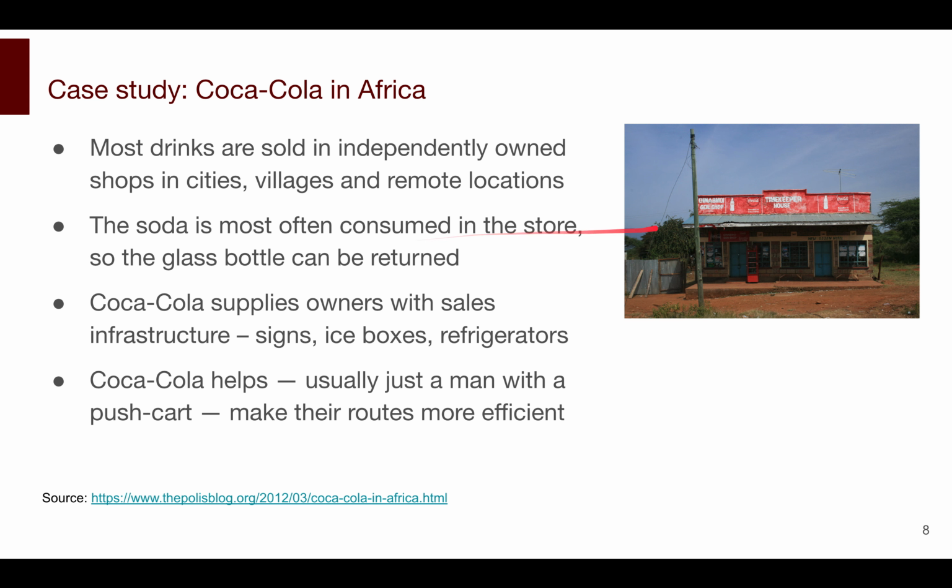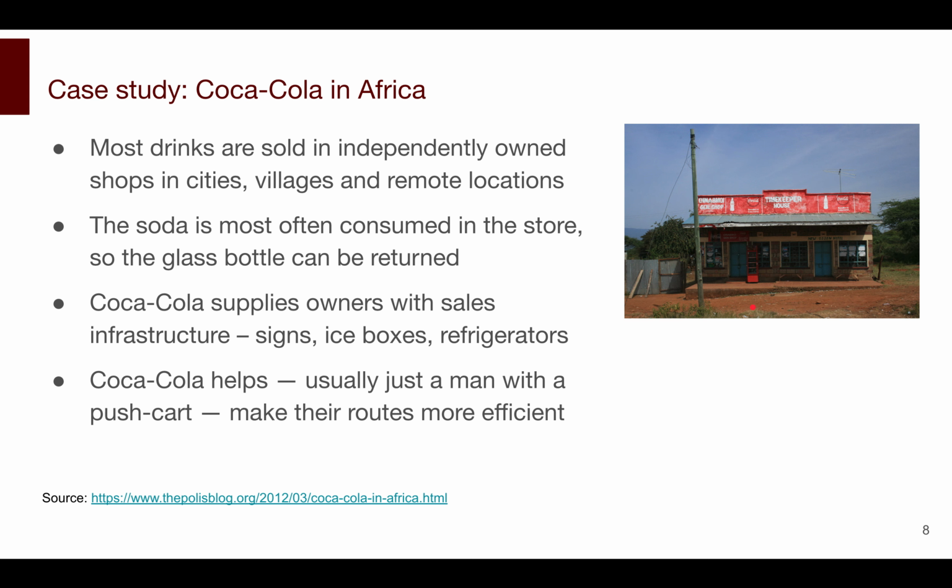And as you notice from this shop, there are a lot of posters, signs, and there's even a refrigerator, I think, here. So Coca-Cola often supplies owners with the sales infrastructure that I just mentioned. And refrigerators depend on whether the shop has electricity.